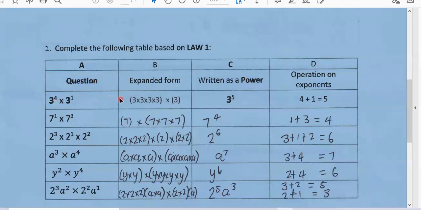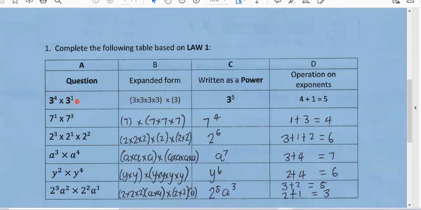The exponent is telling you how many times you must write the base or multiply the base by itself. So for the first part, I must multiply the 3, which is the base, by itself 4 times. So we're going to go 3 times 3 times 3 times 3. So the main function of the exponent, which is the smaller number, is telling me how many times I must multiply the base by itself.